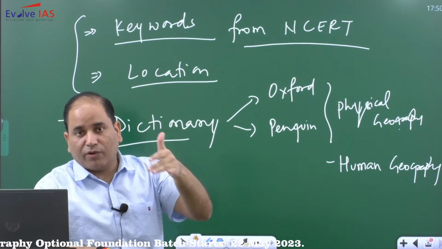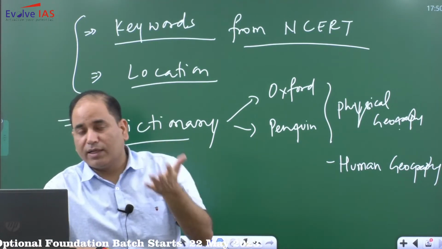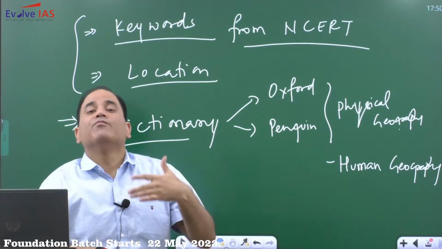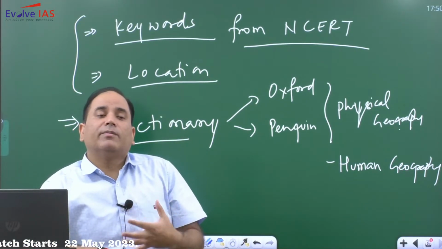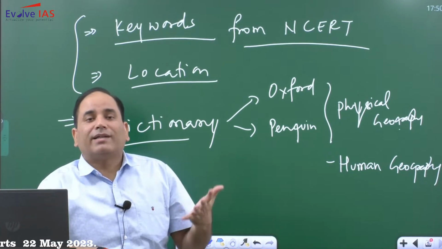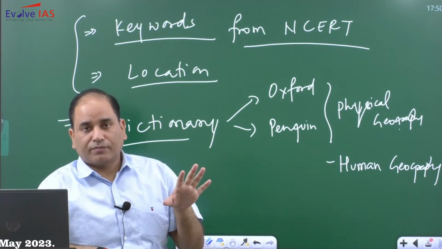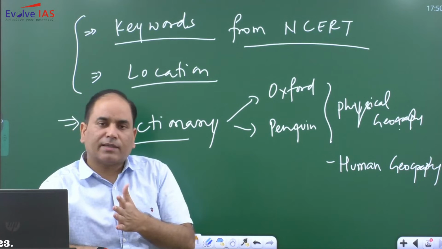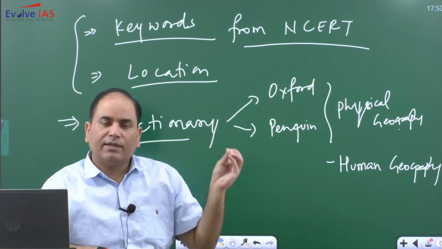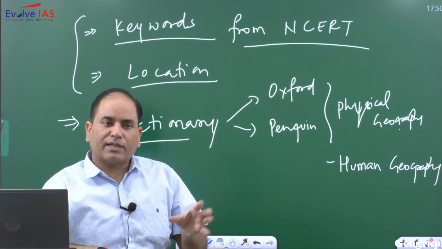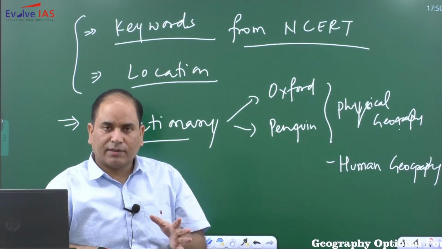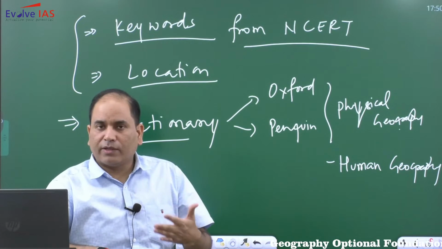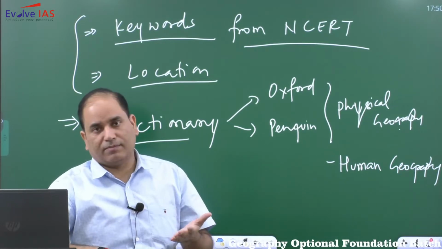If more and more questions are being asked from human and economic geography, specifically contemporary issues, you should not give undue weightage to physical geography. Because if you are preparing for 6-7 months and you have studied only physical geography for 5 months and just the remaining chapters in 2 months, and you are not able to get good marks, you should not blame the subject.